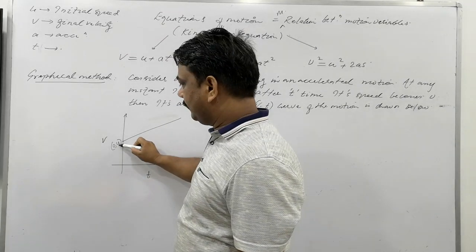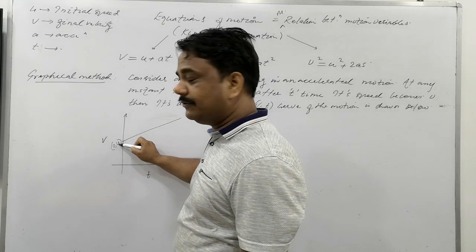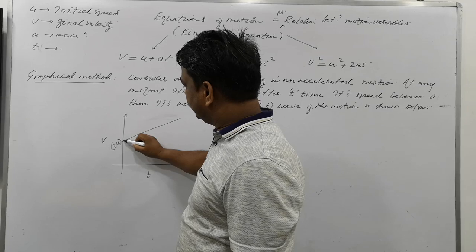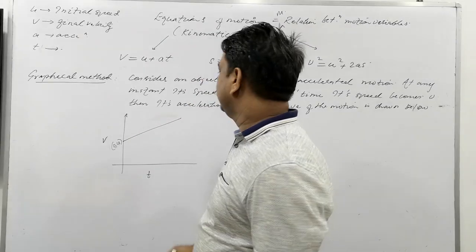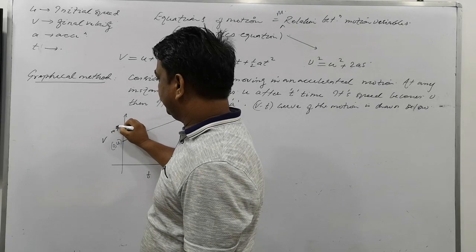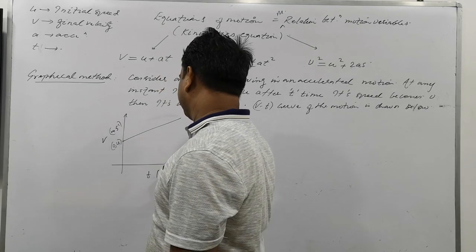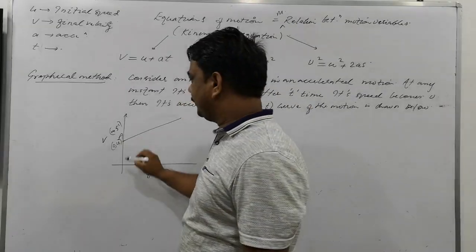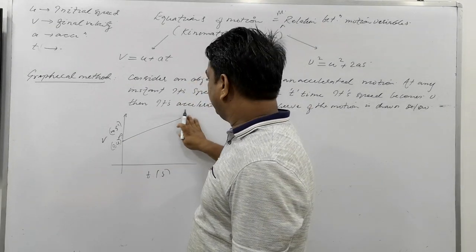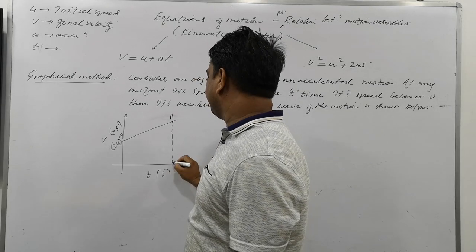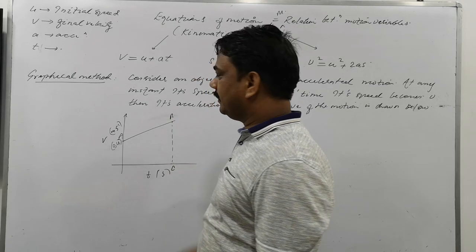Along y the initial speed u is non-zero at time 0. This is the VT curve represented here, with velocity in meter per second and time in seconds. The object in time t reaches this point, with the time interval t given here.